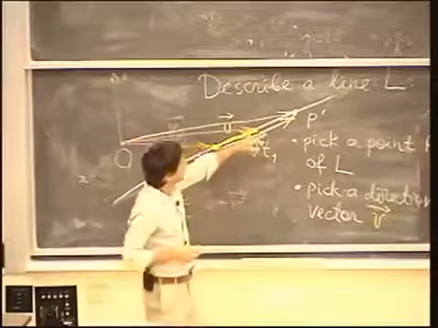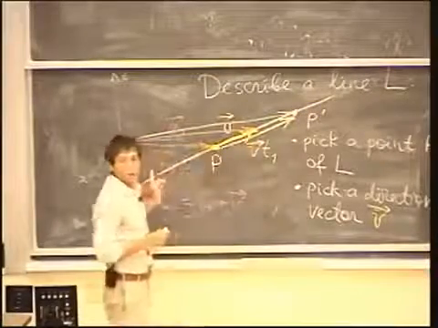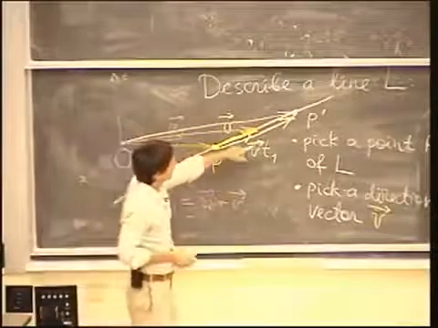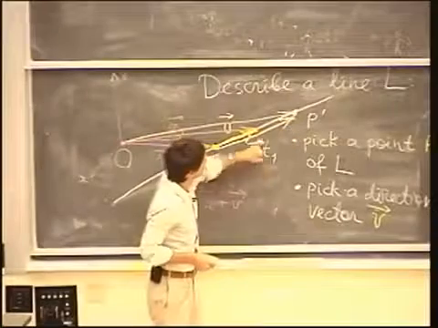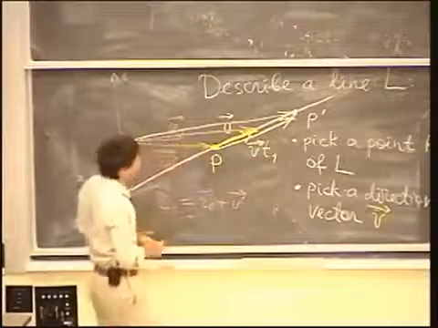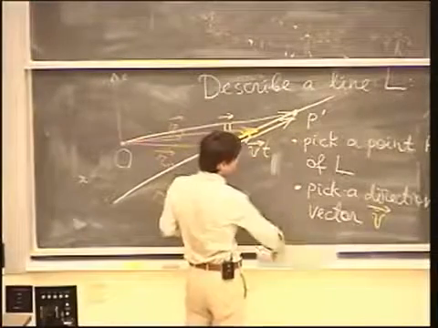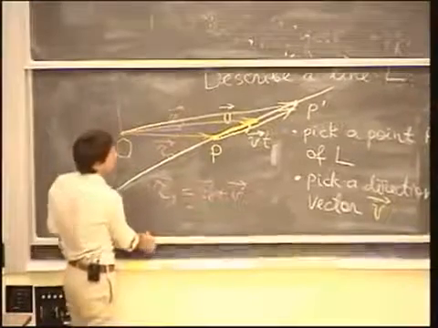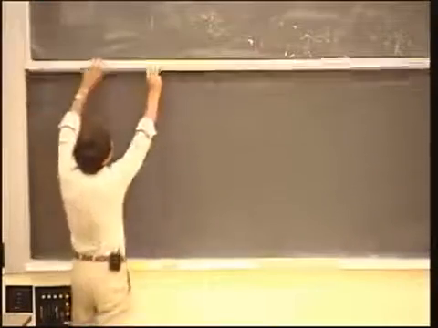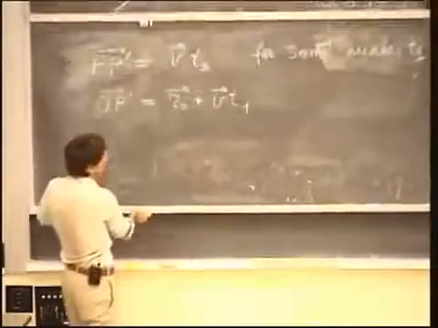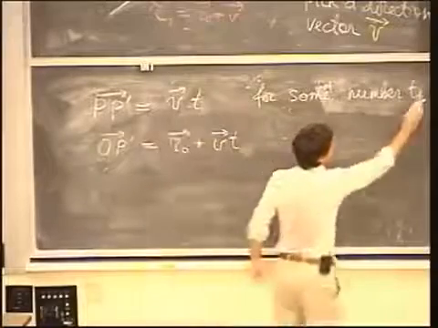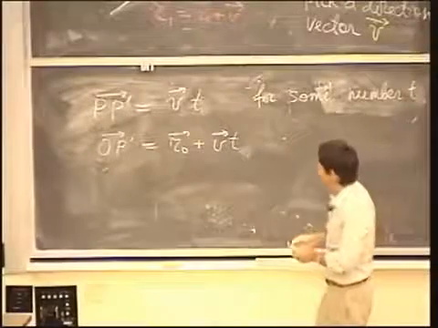Right? But in fact, this is true for any point P prime. So for each point P prime, there will be a particular number t1. Or maybe it's better to just call it t so that we don't worry about the indices, right? And so we see that this way we can actually parameterize all points on this line.